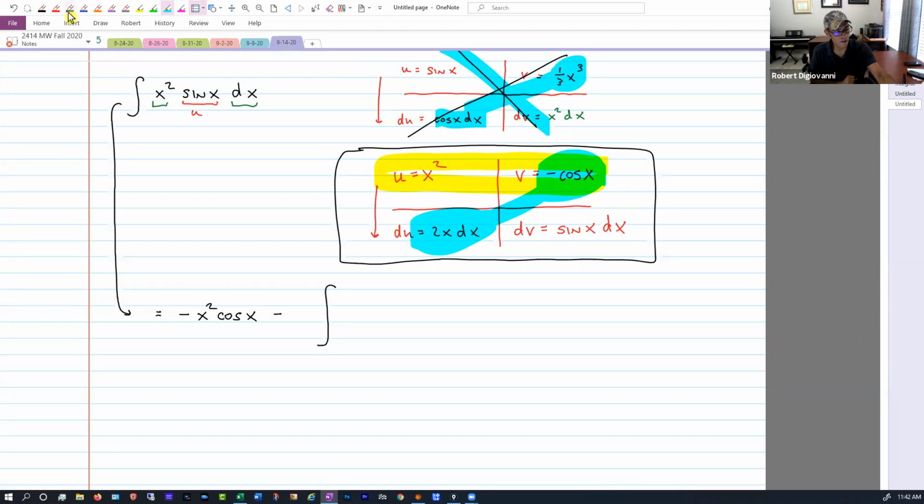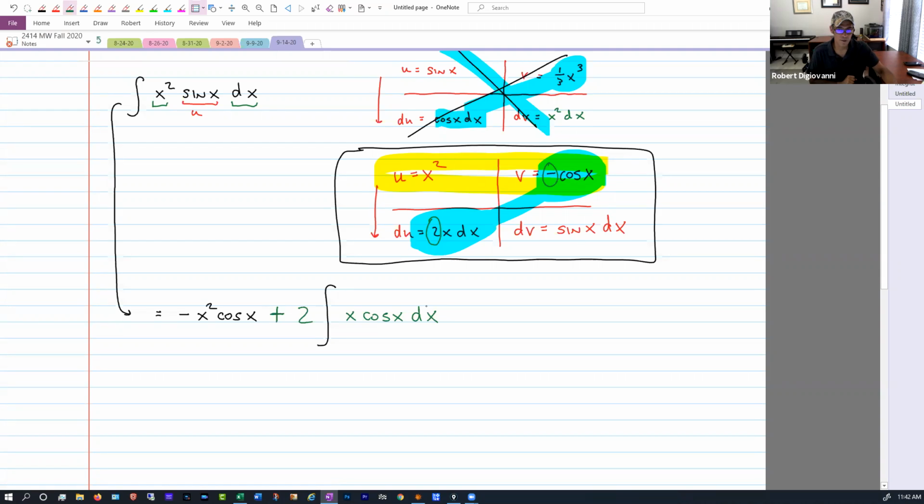So what am I pulling out here? The 2 and a negative. Let's pull the negative and the 2 out, and that will become what? A plus 2. Does everyone see that? And then what's still in there is an x, and then a cosine x, and then a dx.